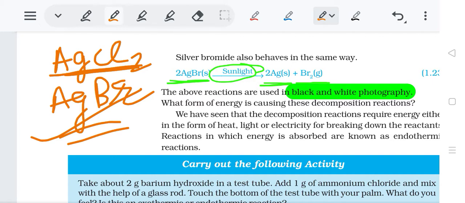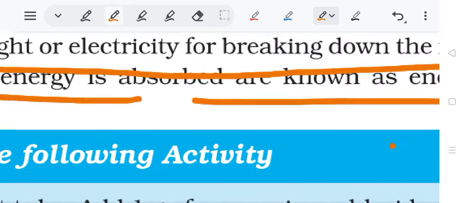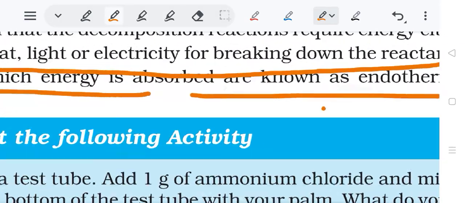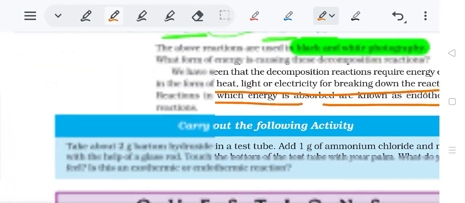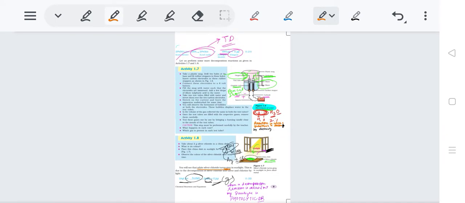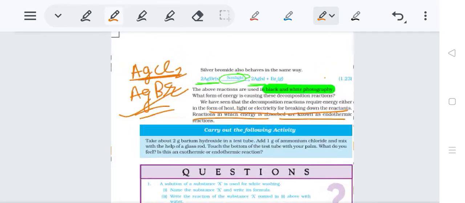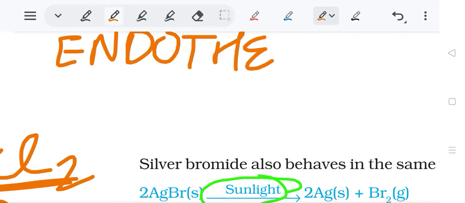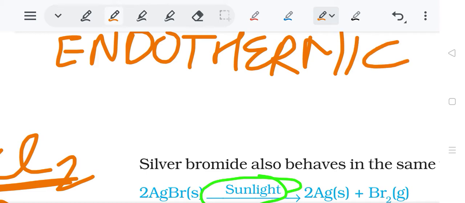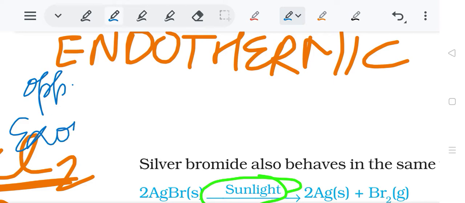So you have seen that a form of electricity for breaking down reactants in which energy is absorbed is known as... Now I can't focus on that word, let me write it by myself. So you have a word here, endothermic reactions. So what are endothermic reactions? They are nothing else but the opposite of exothermic.